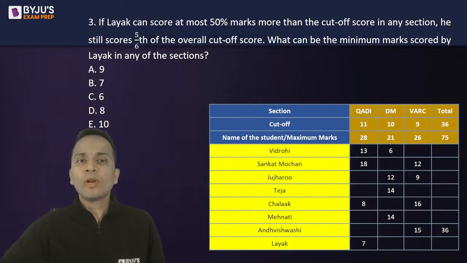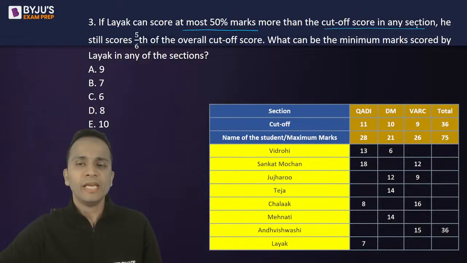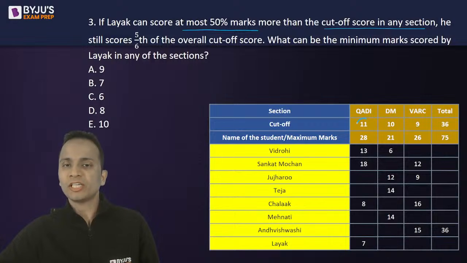Now, Layak can score at most 50% marks more than the cutoff score in any section. Talking about the first section, the cutoff is 11. So 50% of 11 is 5.5. So the maximum that he can score will be 16.5.